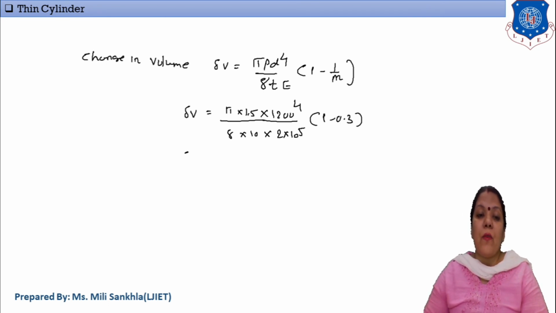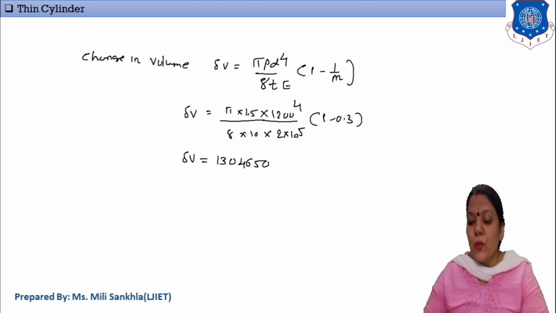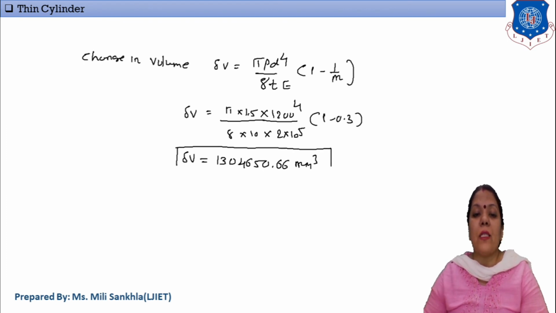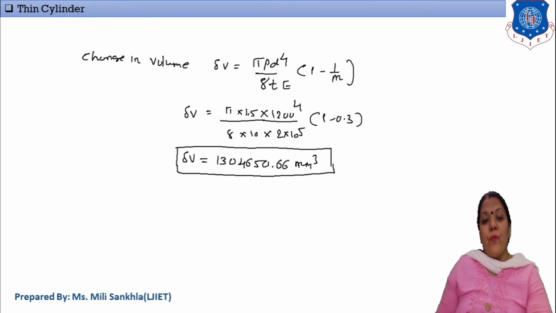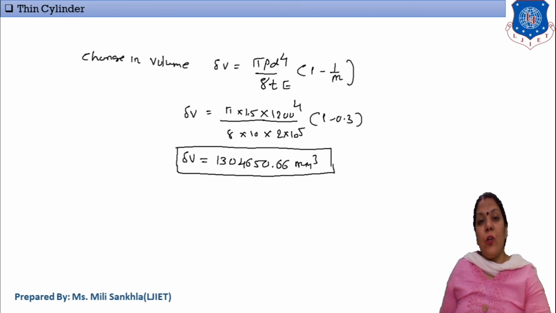Now simply our answer of change in volume del V is equal to 1304650.66 mm cube. Okay, this is our final answer of change in volume for spherical vessel, that is 13,04,650. Here our example of spherical vessel to find out change in diameter and change in volume is complete.